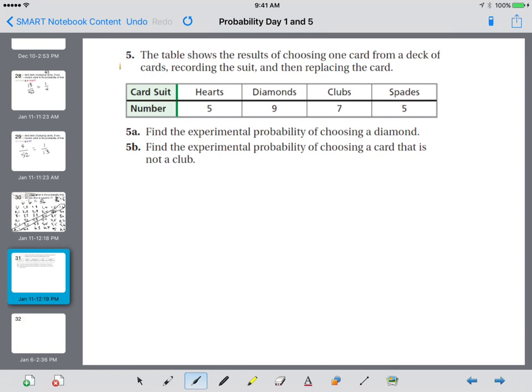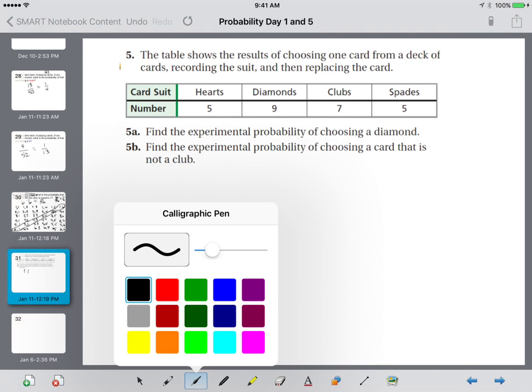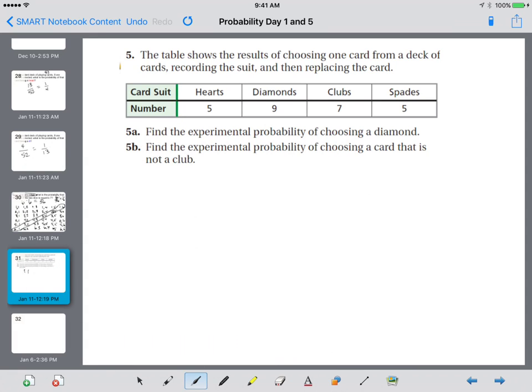The table shows the results of choosing one card from a deck of cards, recording the suit, and then replacing the card. Experimental probability of choosing a diamond would be 9. Lost my ability to write here. Would be 9.